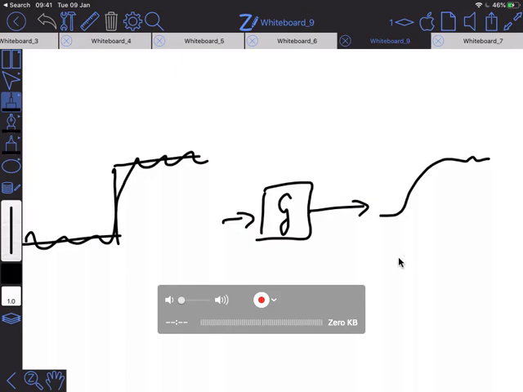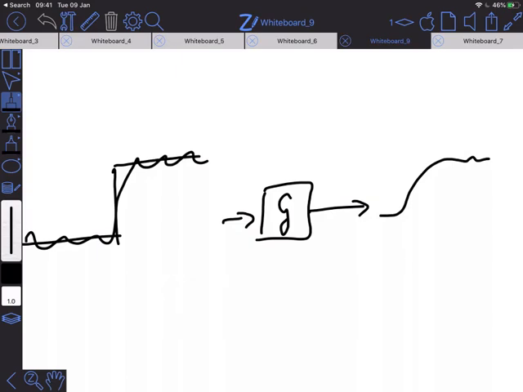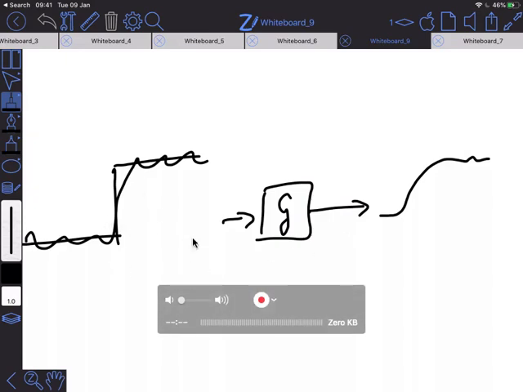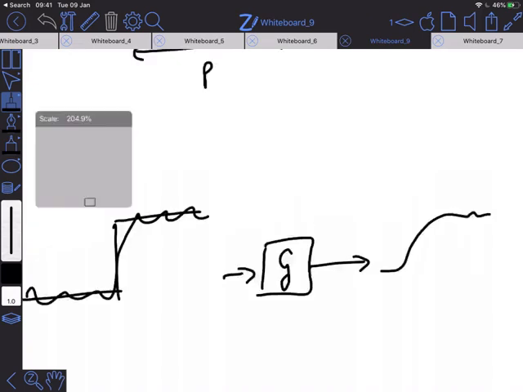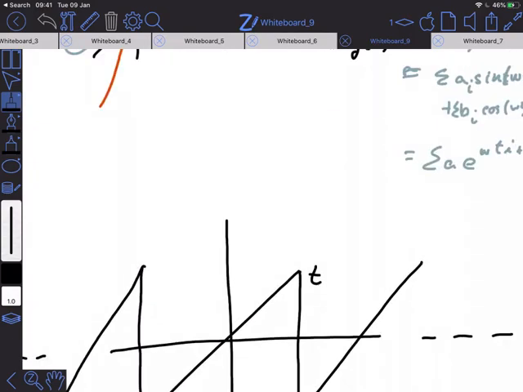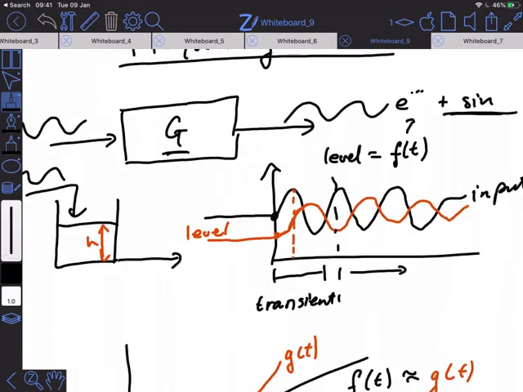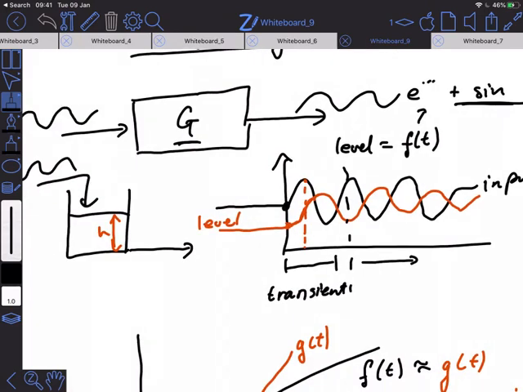But we were solving it in a completely different way, because we were decomposing that step into its component sinusoids. In other words, we were writing that step as a Fourier series. Then we were using the idea that we started that lecture off with, that if I took a pure sinusoid into a system, I would get a pure sinusoid out, but it would be changed in magnitude and in phase.